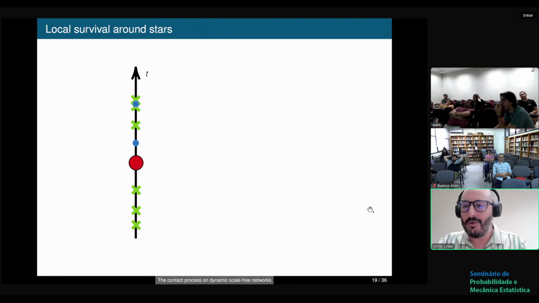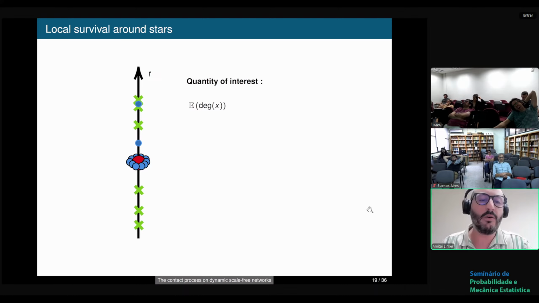And now this star really needs its friends. So suppose that you update it and you gain some new vertices. When you gain new vertices, you can be sure that they are all healthy, so you have a brand new set of healthy neighbors.